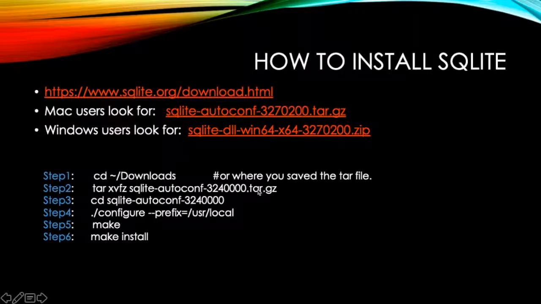So you can untar that file and then go into this folder, and then within this folder you can execute configure, which will configure your SQLite. And then you run make and then make install. That will install SQLite onto your computer.